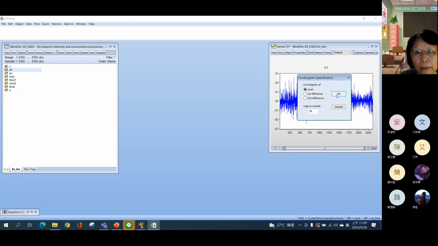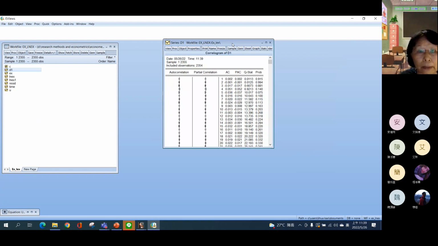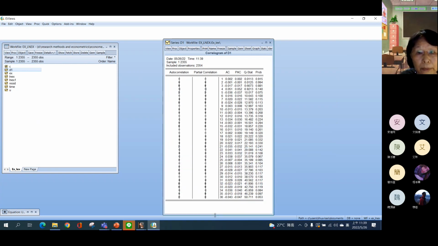Then hit OK. Look at this one. Look at the autocorrelation numbers. Did you see that? Look at all these autocorrelation numbers. Isn't this number pretty close to 0? 0 means no autocorrelation, right?